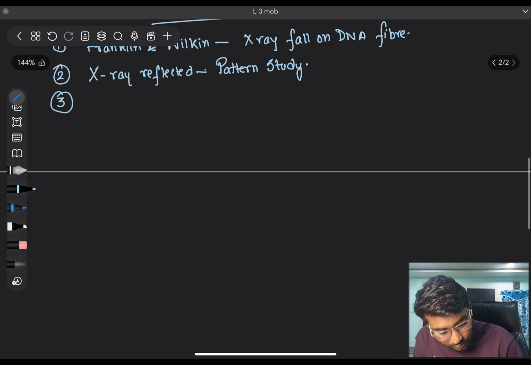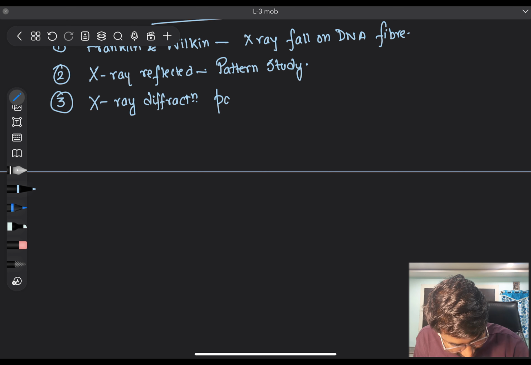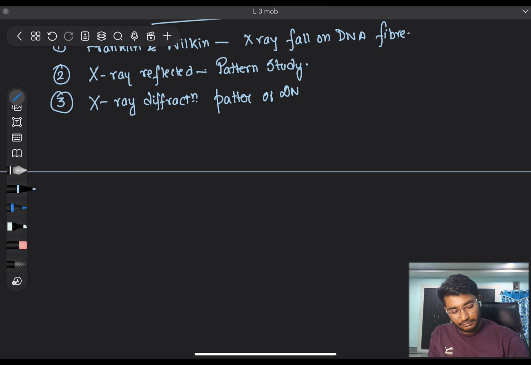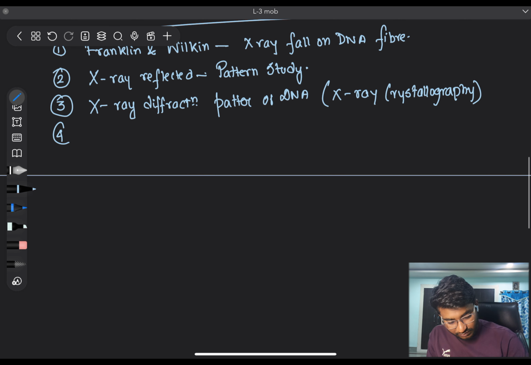Three, the X-ray diffraction pattern of DNA, that is X-ray crystallography. Four, DNA is helical in structure.